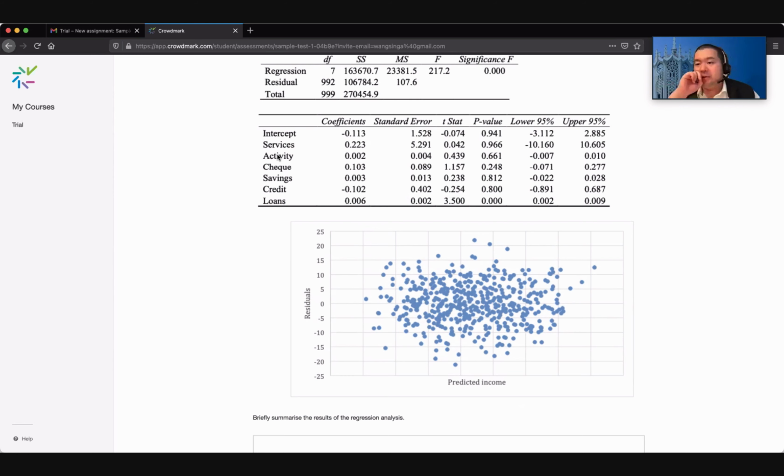For the multiple R, when we say it's acceptable, you can check the table for the definition of correlation. I think at least moderate is good, at least more than 0.3 is acceptable.